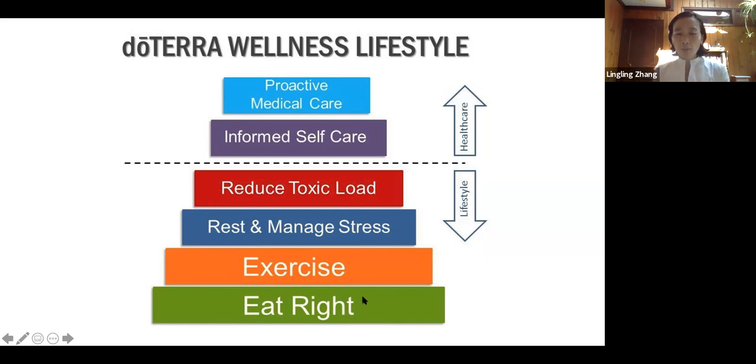And then on the top, reduce toxic load. This is also a very important block that many people may overlook. For example, in your home, how do you clean your surfaces, your floor, your bathroom, your kitchen? What do you use to clean them? If you go to Walmart, Kmart, or the store to buy cleaning products, you can see the shelves full of different brands, sizes, and colors, a lot of them.